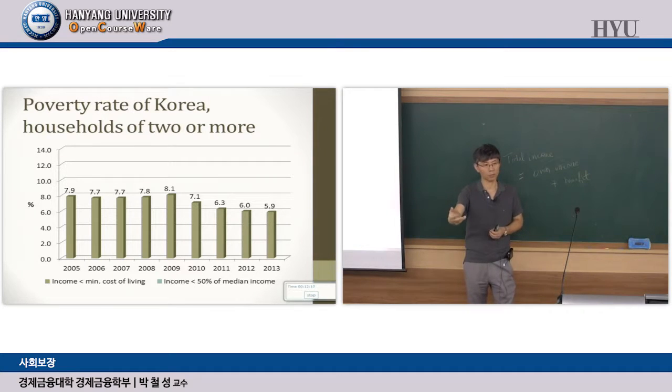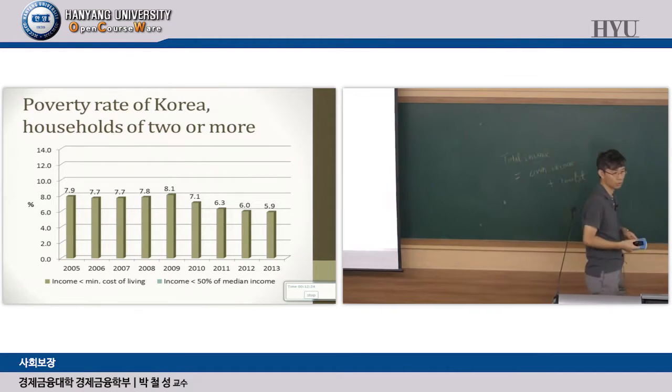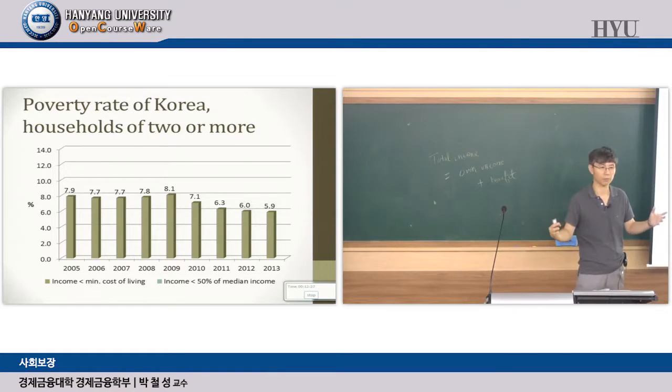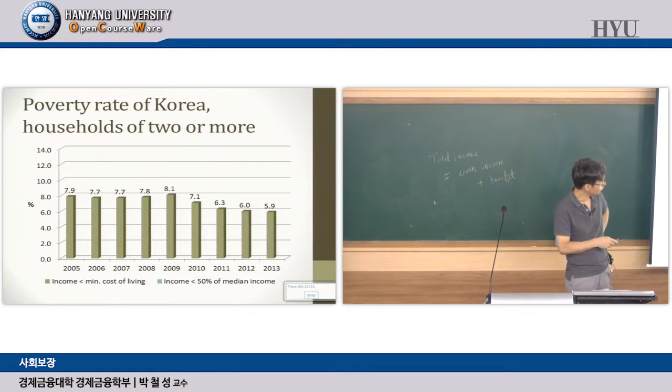Also, poorer households will generally get transfers, some money from the government or from some organization, so there may be transfer income. Depending on which income you use, the numbers will be different. In this case, we include the government transfers, so the income is own income plus transfers received by the households. Anyway, it shows that it's going down to about 6%.